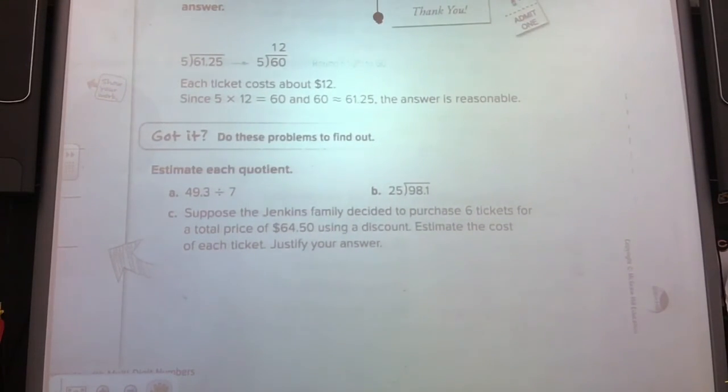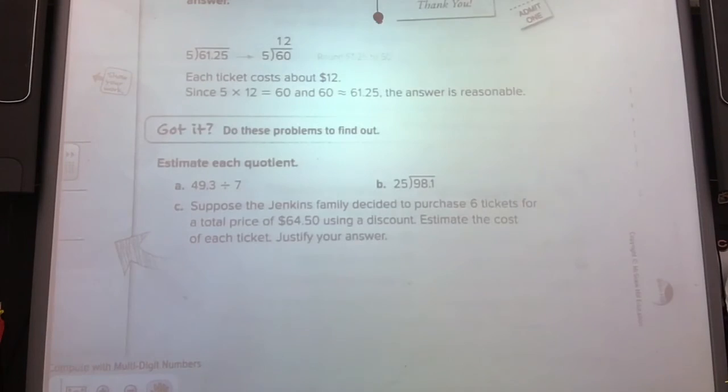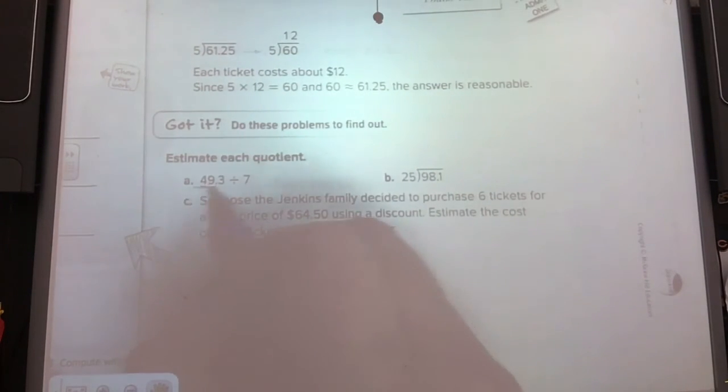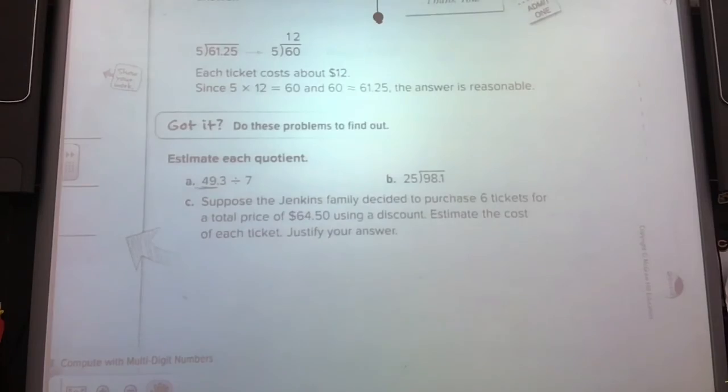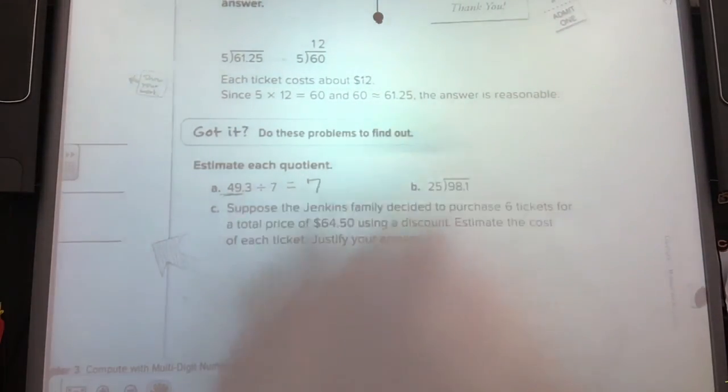All right, let's go down to letter A on the got it's. 49.3 divided by 7. What number here is compatible by 7? Look on your multiplication chart, go across the 7, and determine which one you think is really close. If you said 49, you're right. What's 49 divided by 7? 7.